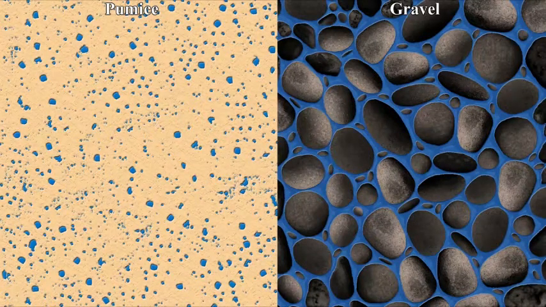Porosity itself isn't enough to create an aquifer. The areas filled with water must connect with each other so the water can flow from one pore space to another. That connectivity between pores is known as permeability. Permeability is a measure of how readily water can flow within the rock.